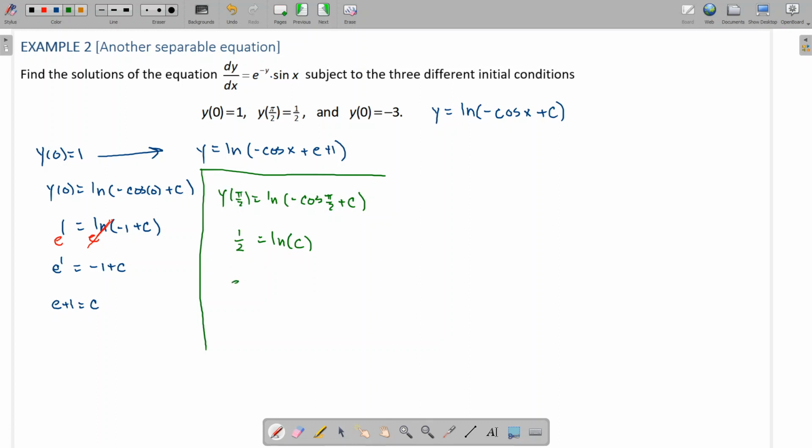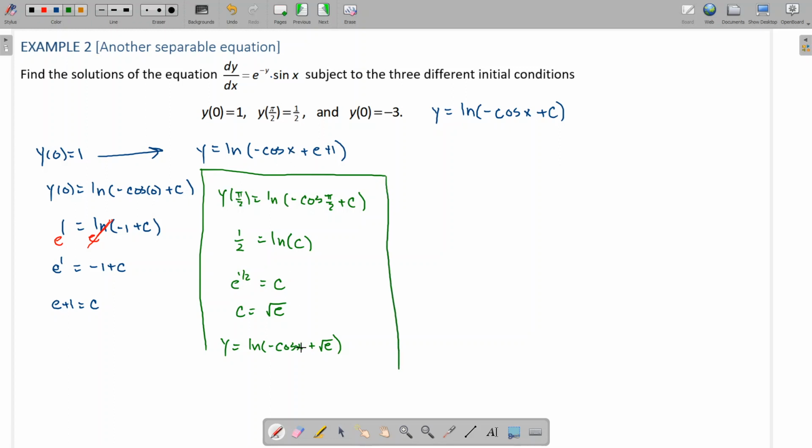Again, exponentiate both sides. E to the 1/2 would be c, or in other words, c is the square root of e. So the solution we get in that case is ln of negative cosine of x plus the square root of e.